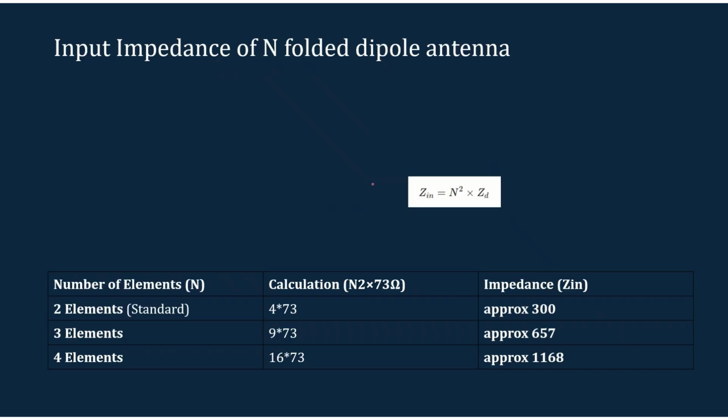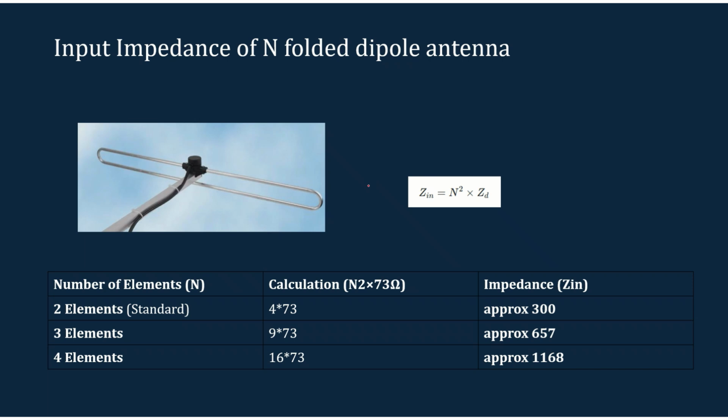So in the general case, if we are considering a folded dipole antenna having n number of folds like this, the total input impedance can be given by n square into ZD, where n is the number of folds.